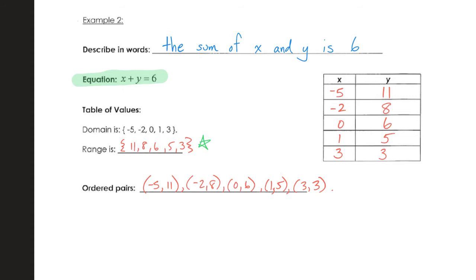Do you notice that all your domain values are listed lowest to highest? And if you look back at example 1, you'll notice the same thing is true. But this time, when you take all those Y values and just list them out, they're in an incorrect order in our range.